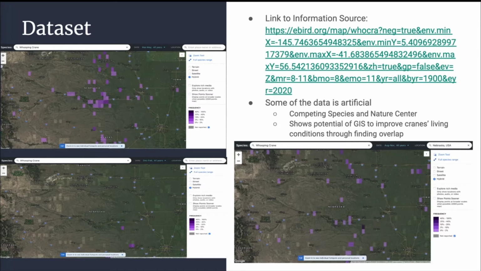Using this data, we split it up into seasons of whooping crane spottings. Some of our data is, however, artificial, such as competing species and nature centers. We use this artificial data to showcase the potential of GIS to improve living standards through finding overlaps of these areas with whooping crane spottings.